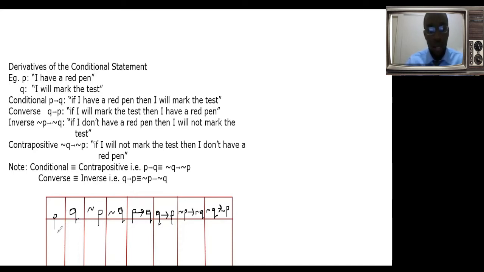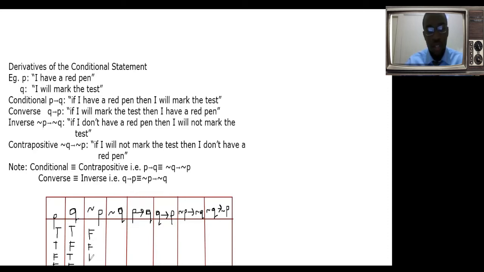Alright. Now again, P is going to be true, true, false, false. Then Q is going to be true, false, true, false. So then not P is going to be false, false, true, true.